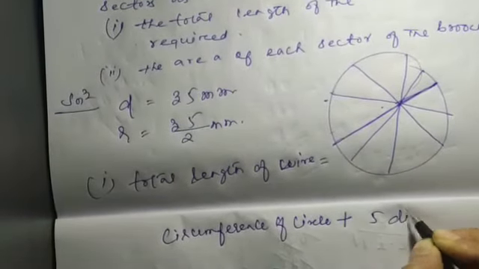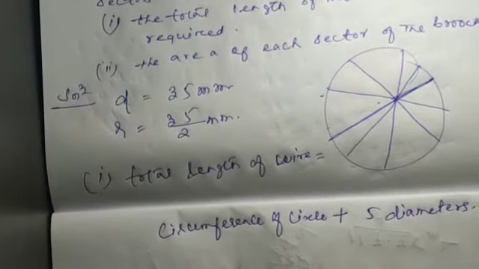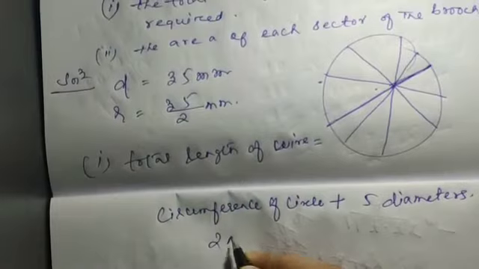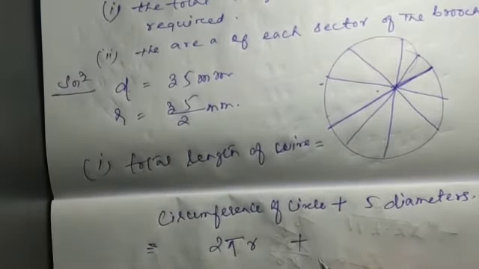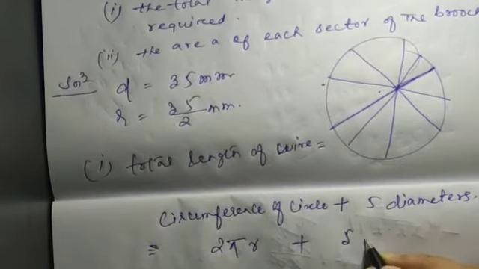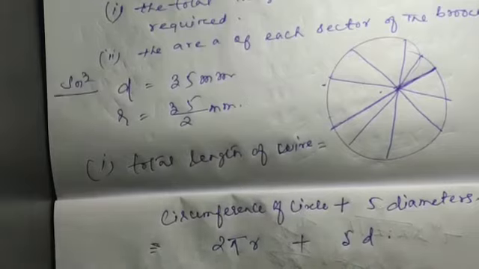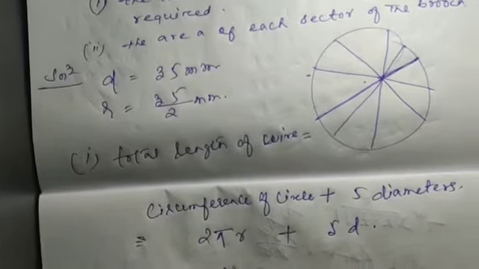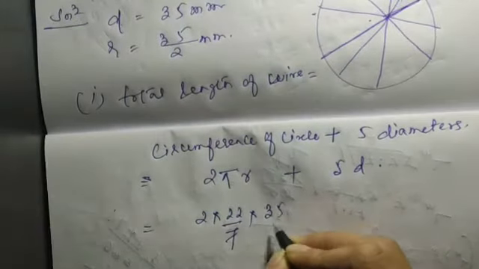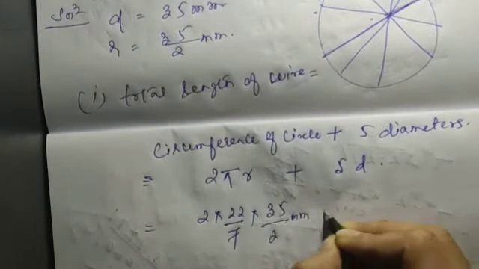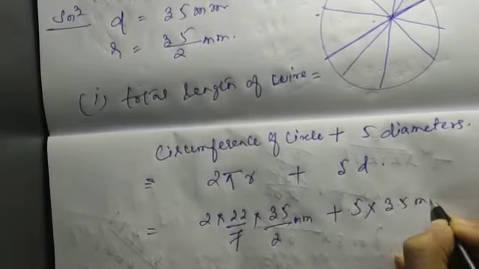The circumference of the circle formula is 2 pi r, that you know very well, plus 5 diameters. 2 pi, it is 22 by 7. Radius, we got 35 by 2 millimeter, plus 5 diameters, it is 35 millimeter.